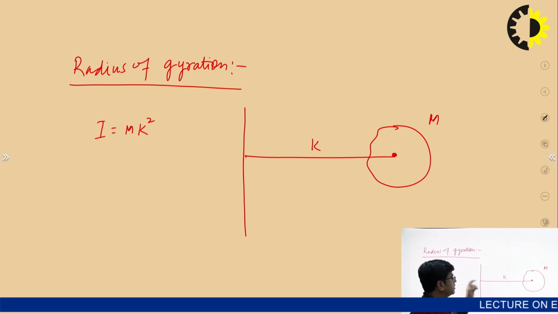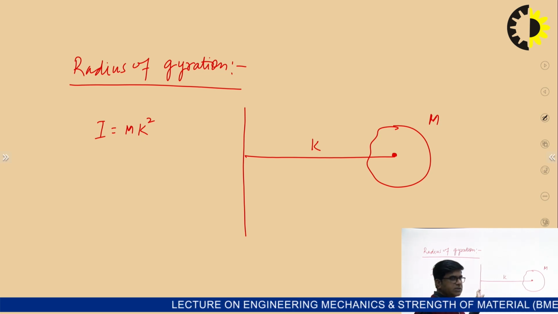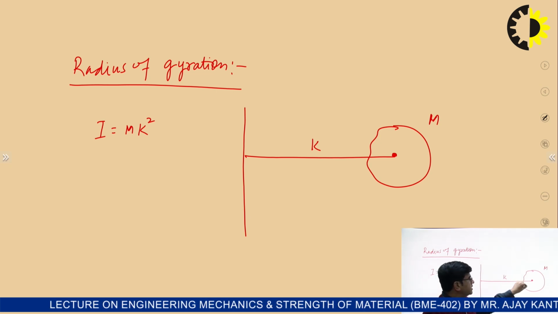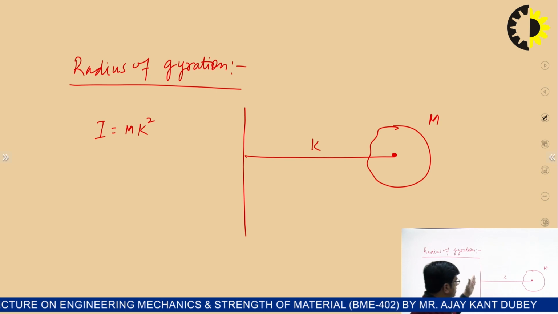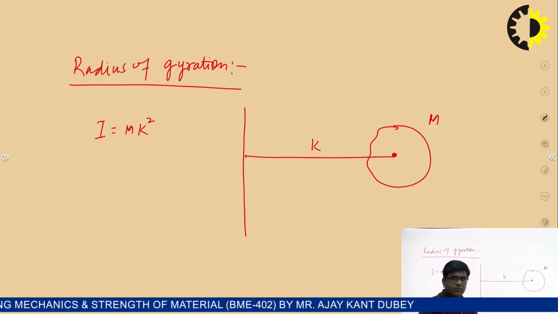Means to say, without actually concentrating this mass at a point, if I calculate the moment of inertia, and after concentrating the whole mass at a point about this axis, we will get the same value of the moment of inertia.